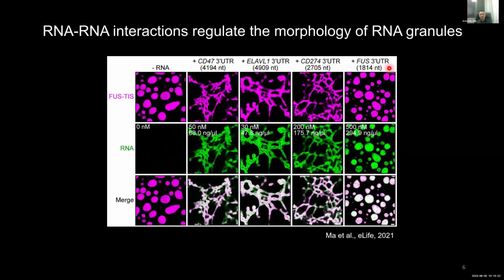In order to answer this question, we first did RNA FISH, fluorescence in situ hybridization, to visualize the ribosomal RNA in the nucleolus. In human cells, there are 4 mature ribosomal RNAs: 5S, 18S, 5.8S, and 28S. 5S is transcribed by RNA polymerase 3 in the nucleoplasm, not in the nucleolus.